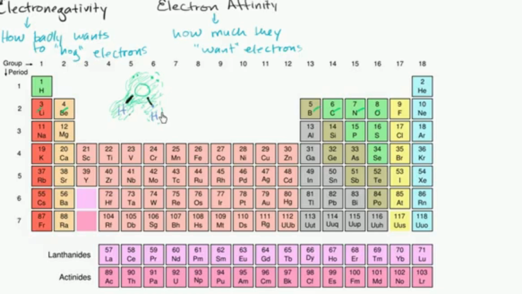But this is a really important idea in chemistry, and especially later on as you study organic chemistry. Because oxygen is more electronegative, and the electrons spend more time around oxygen than around hydrogen, it creates a partial negative charge on this side and partial positive charges on this side right over here, which is why water has many of the properties that it does. And we go into much more depth on that in other videos.